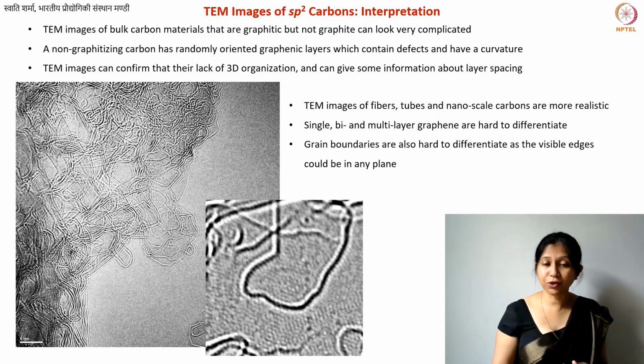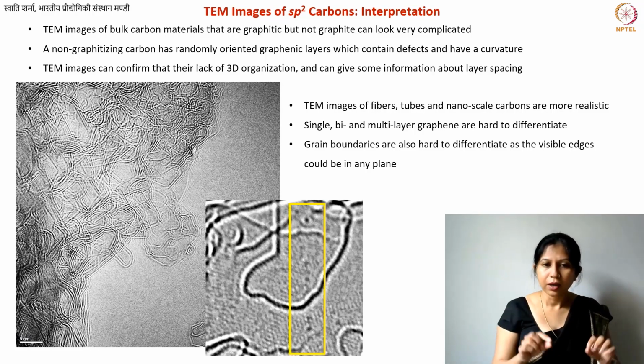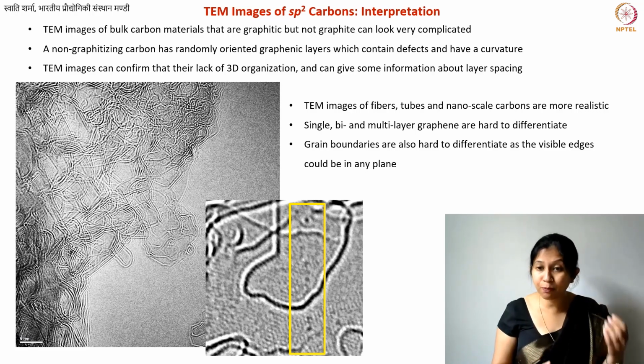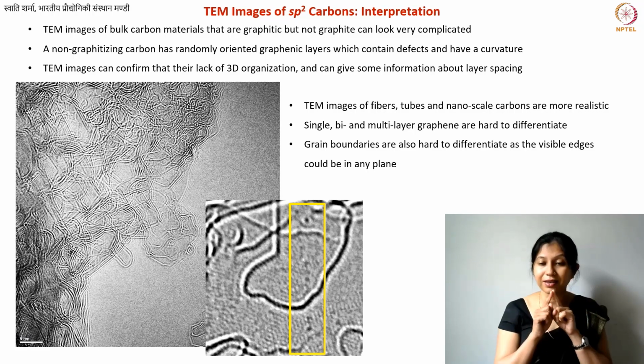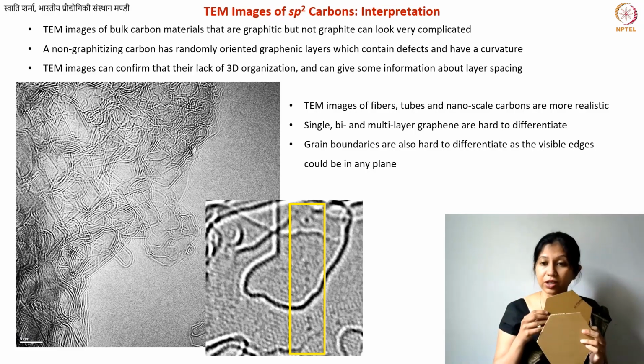Okay, so here I have shown an example of a grain boundary. If you see this box I have shown, in the back there is some sort of broken line, and this broken line can be thought of as a grain boundary because these kinds of grain boundaries have been observed in graphene-like structures. But at the same time, we can never be sure if this broken line exists in just one plane or there is some other graphene plane which is far from your original plane.